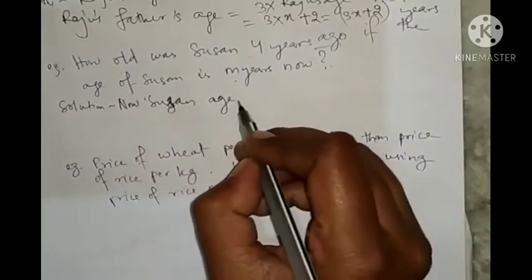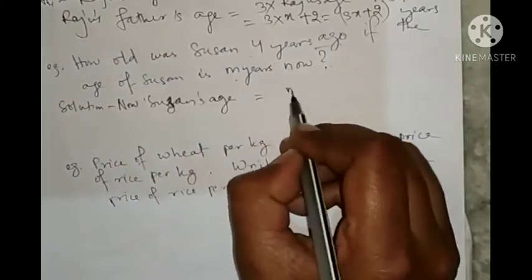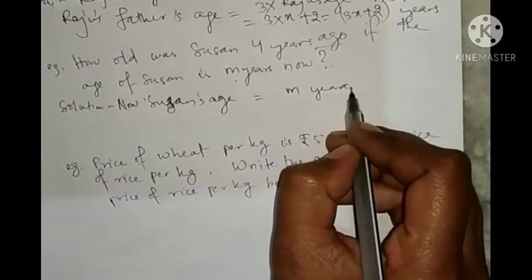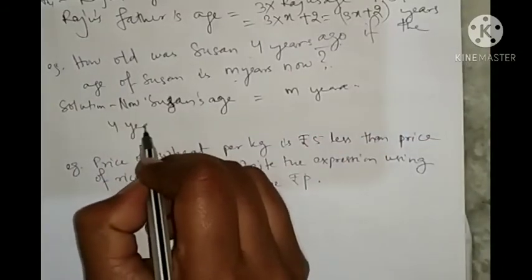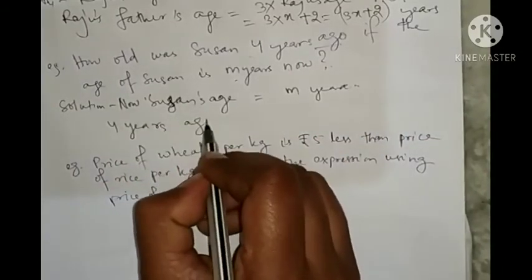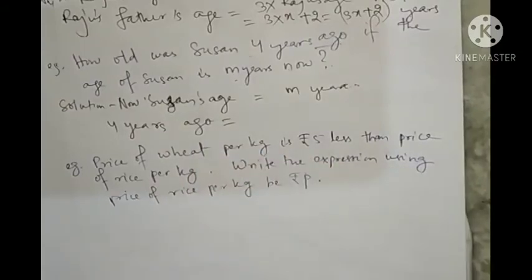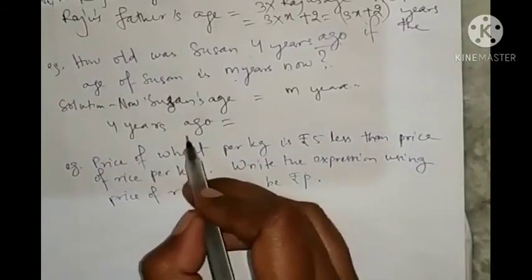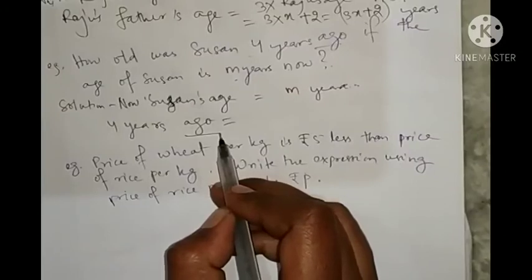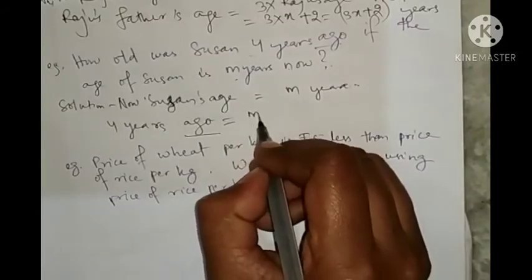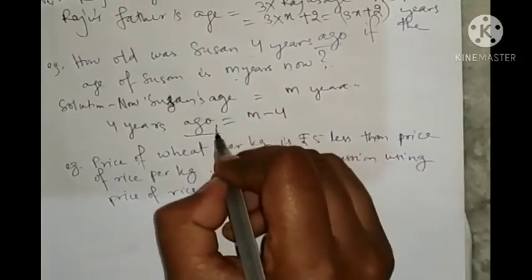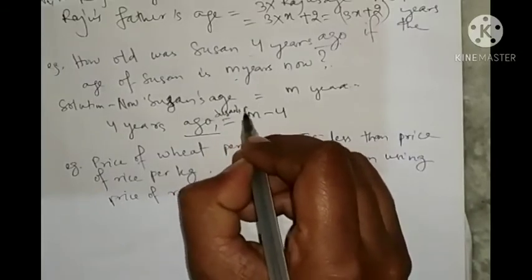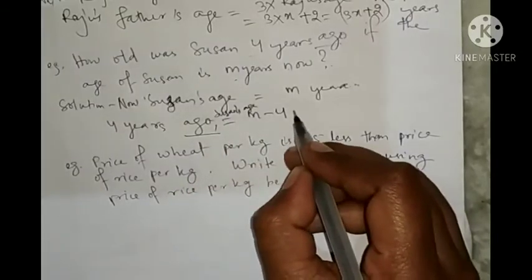Now Susan's age equal to how much? M years. Okay. So 4 years ago. Okay, 4 years ago means before. So what we'll do? For ago, what we'll do? We'll do subtraction. So M minus 4. 4 years ago, Susan's age equal to M minus 4 years.